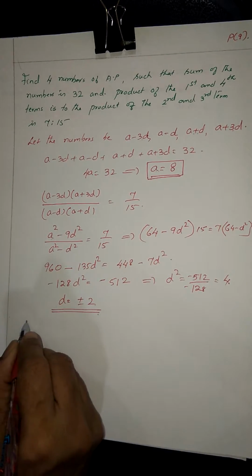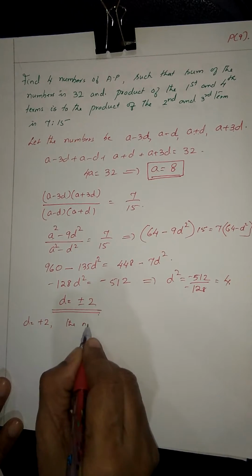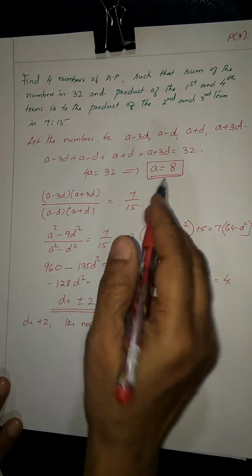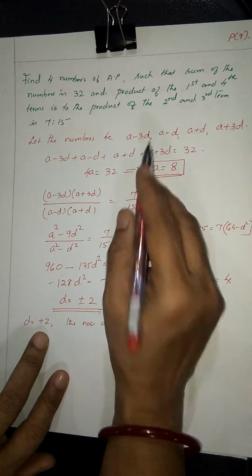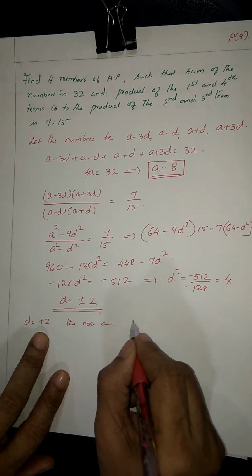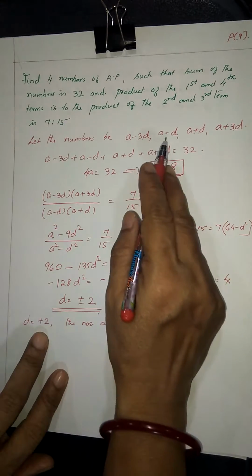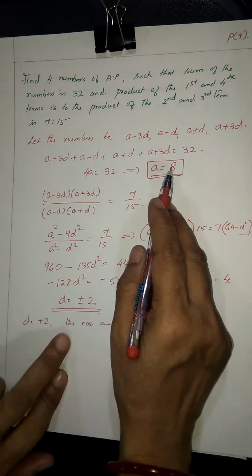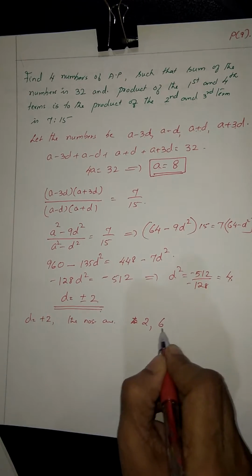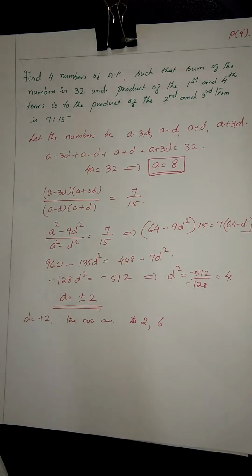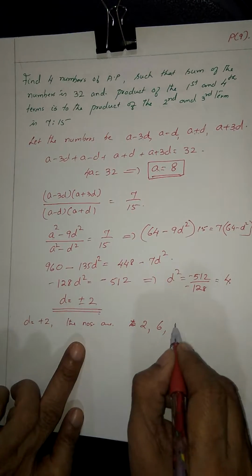When d is equal to plus 2, the numbers are a minus 3d. So a is 8, so 8 minus 6, 2. Then you have a minus d. So 8 minus 2, 6. Then 8 plus 2 is 10.